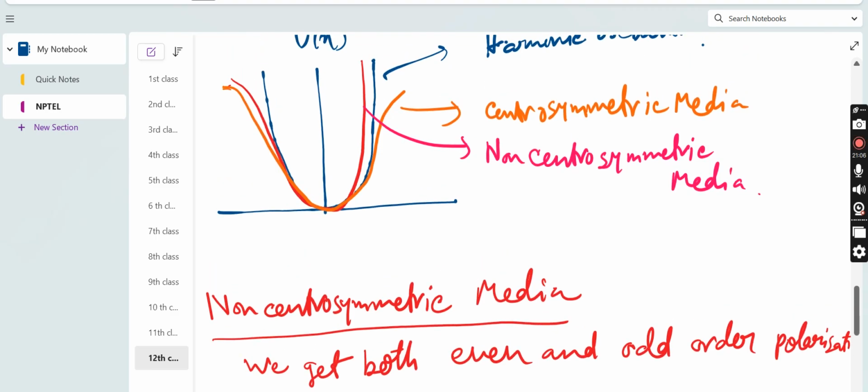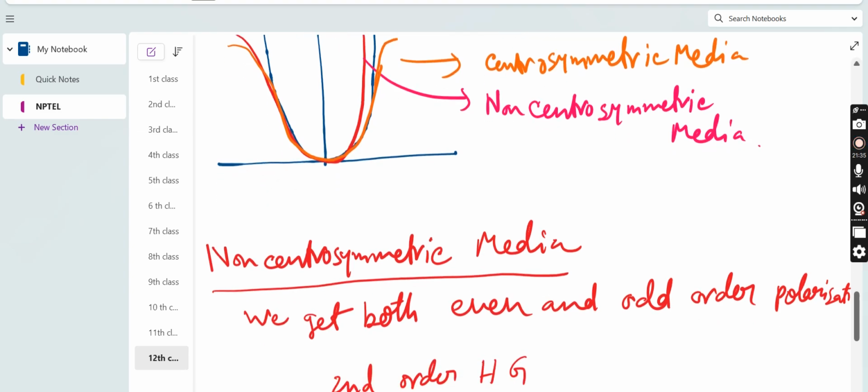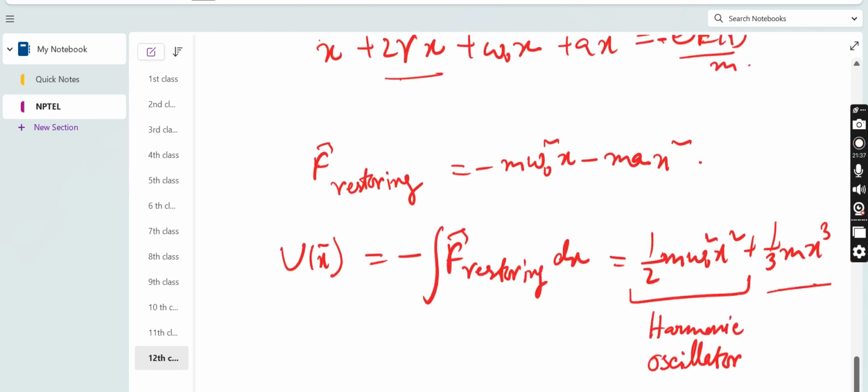Okay, so this part and this part should be the same, almost the same. Okay, that's why the name is centrosymmetric.